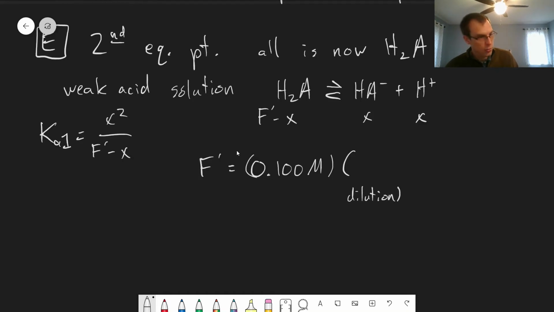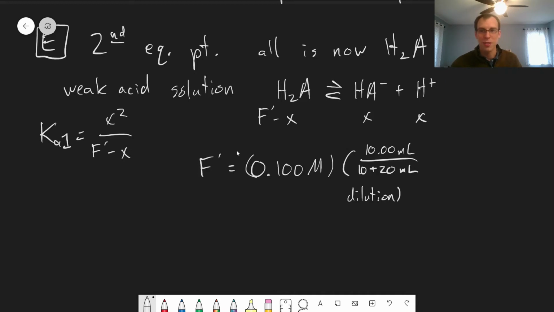So we started with 10 milliliters. Forgot to mention this, but we can find that the equivalence point is 10 milliliters, as it has been for all the titration examples we've looked at today. So our total volume would be 10 plus 20 milliliters.